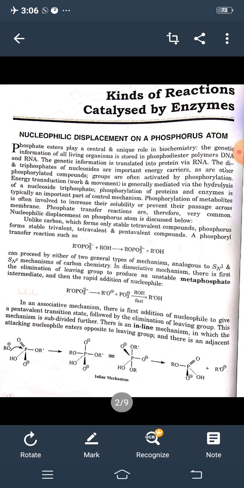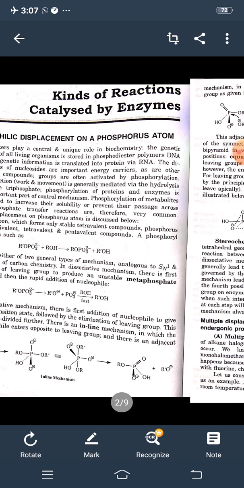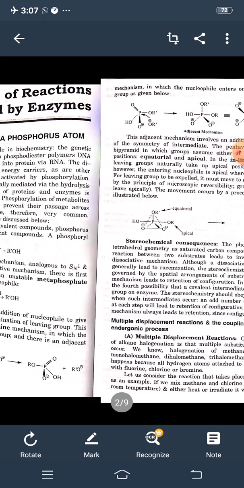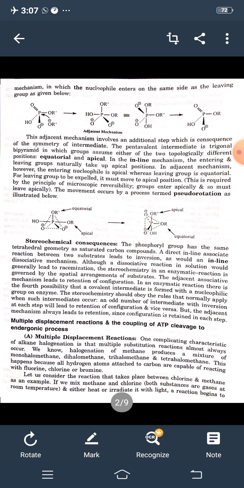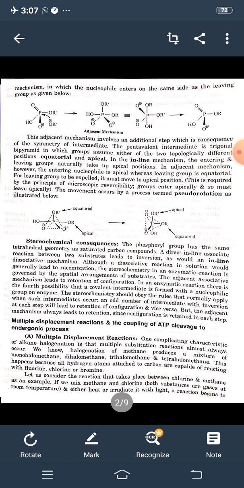This mechanism is subdivided further. There is an in-line mechanism in which the attacking nucleophile enters opposite to the leaving group, and there is an adjacent mechanism as shown in the following mechanism, in which the nucleophile enters on the same side as of the leaving group as in the given reaction.